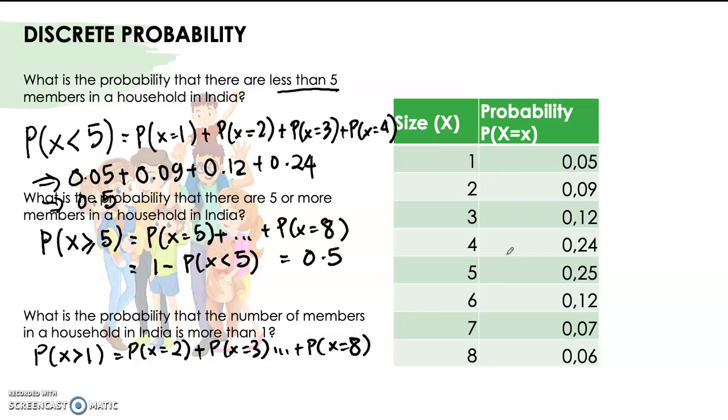Rather than summing one by one, you can just write 1 minus P(x=1). 1 minus 0.05 is 0.95. So there is a 95% probability that the number of members in a household in India is more than 1.